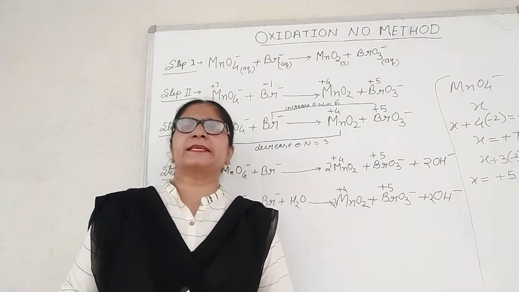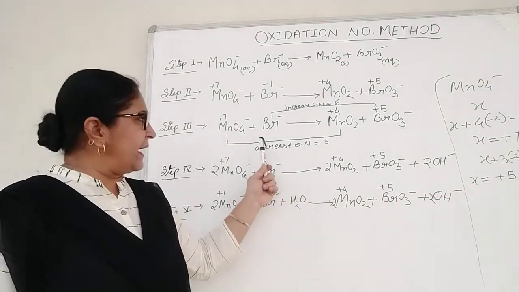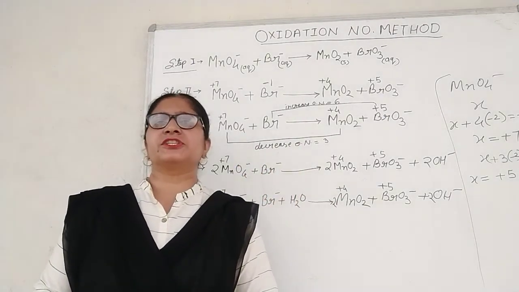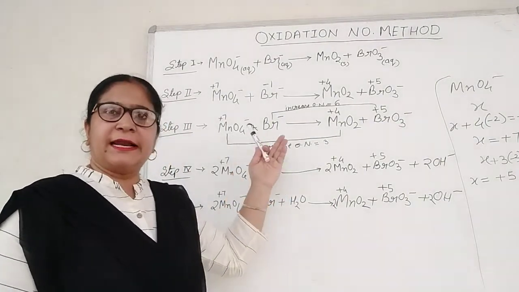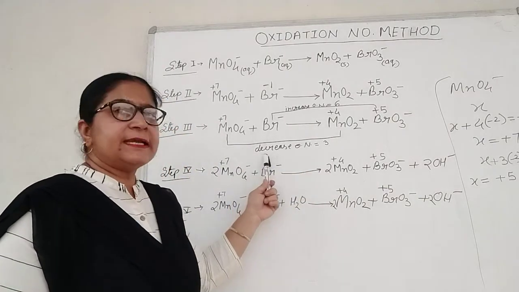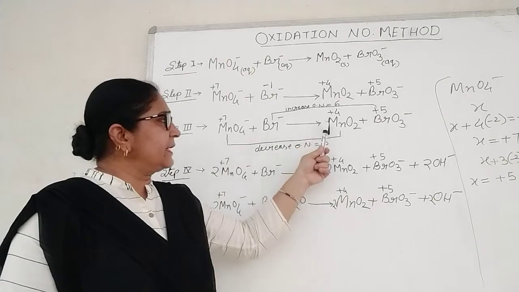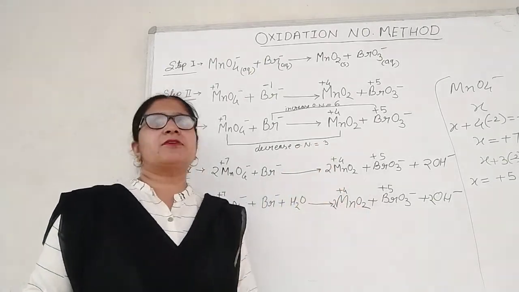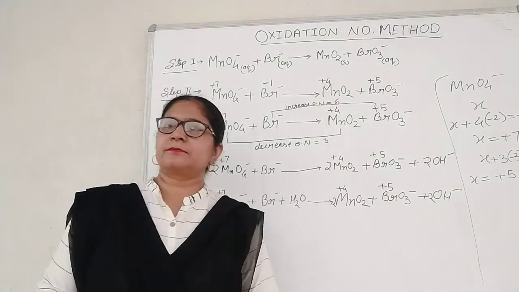In this case, the decrease in oxidation number of manganese is 3, while the increase in oxidation number of bromine is 6.